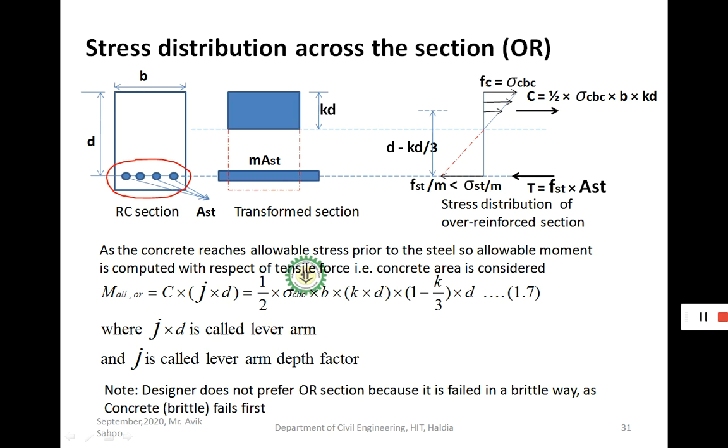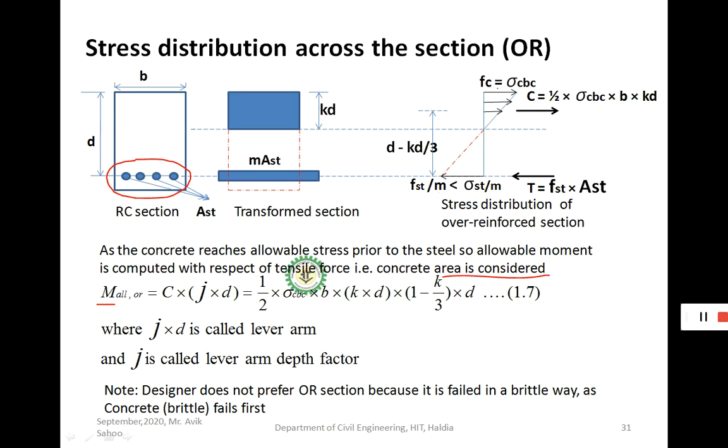Again similarly, the concrete reaches the allowable stress, steel does not attain the allowable stress. So as the concrete reaches allowable stress prior to the steel, the allowable moment is computed with respect to the concrete area. In an over-reinforced section, the concrete fails first.